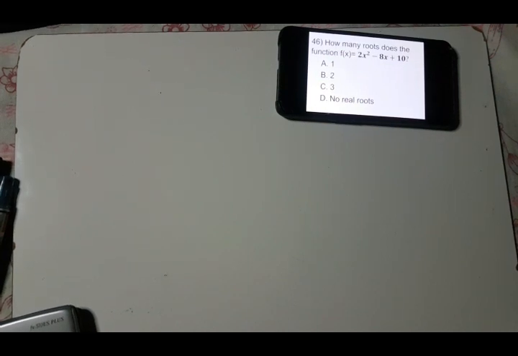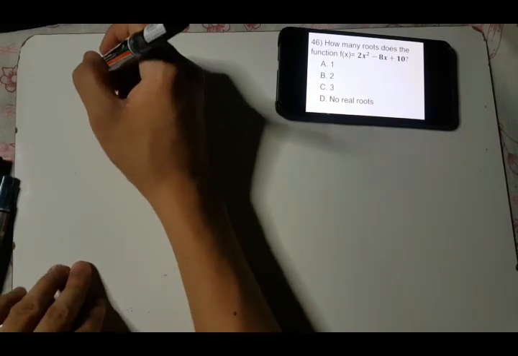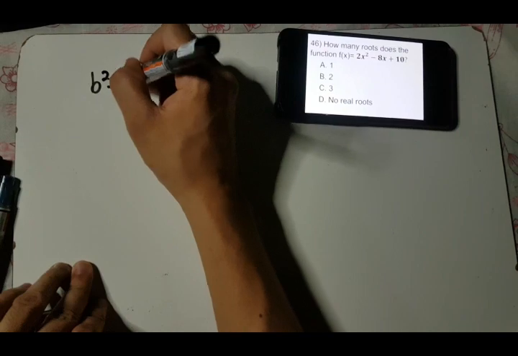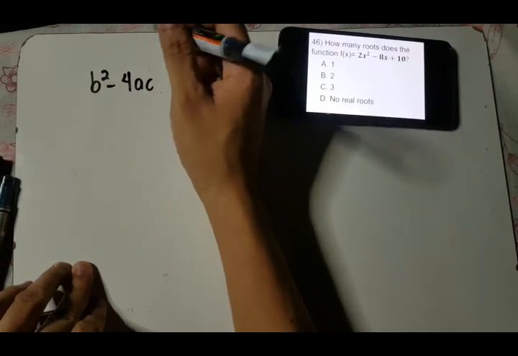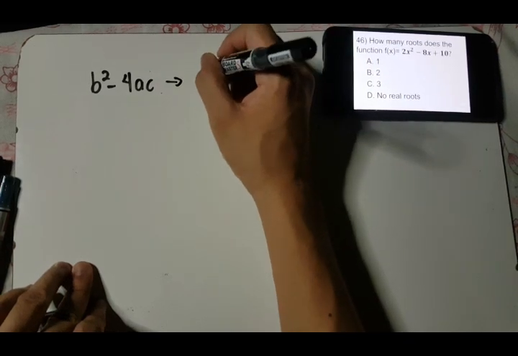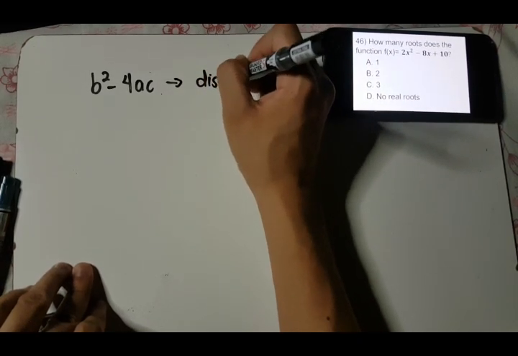Next question. How many roots does function f of x is equal to 2x squared minus 8x plus 10 have? So, gamitin po natin si discriminant. So, ano po si discriminant? That is b squared minus 4ac. Ayan po si discriminant.